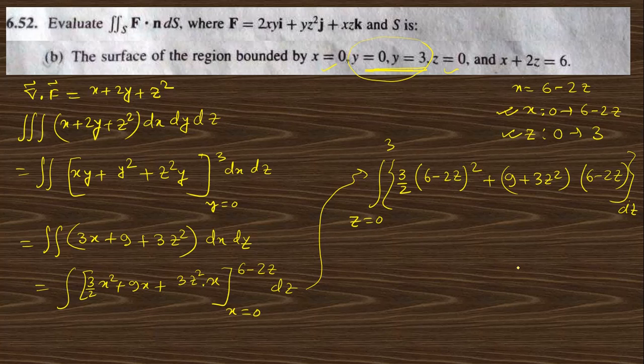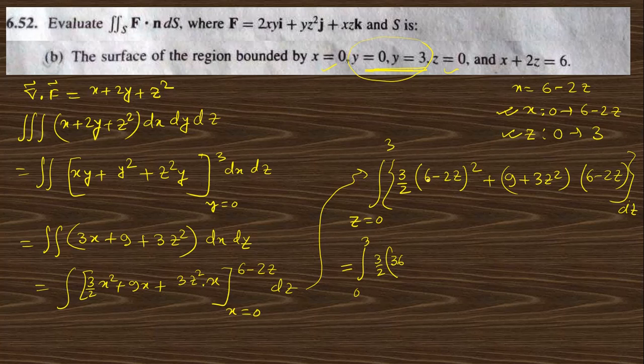So we need to solve this integration. Uh, there is a mistake. So this becomes 0 to 3, this is 3 by 2, and this becomes 36.